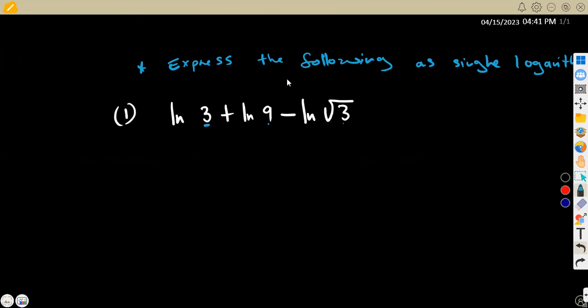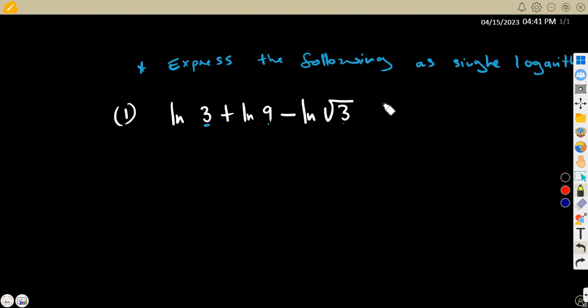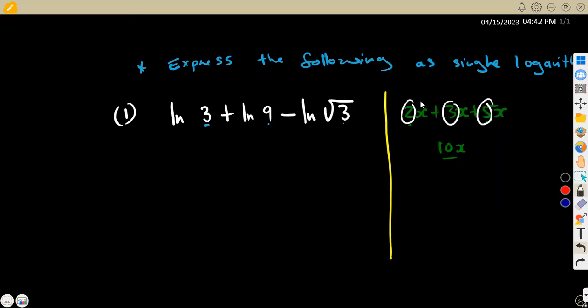The advantage is that, guys, in maths we have some advantages. Remember that if you are dealing with algebra, you can add terms like 2x plus 3x plus 5x. There's no need for you to factor out to say the x is common, let me factorize x. You can just add 2 plus 3 plus 5, which is going to give you 10x. What are we adding actually here? We are focusing on the coefficients of the terms which are the same, in this case x.